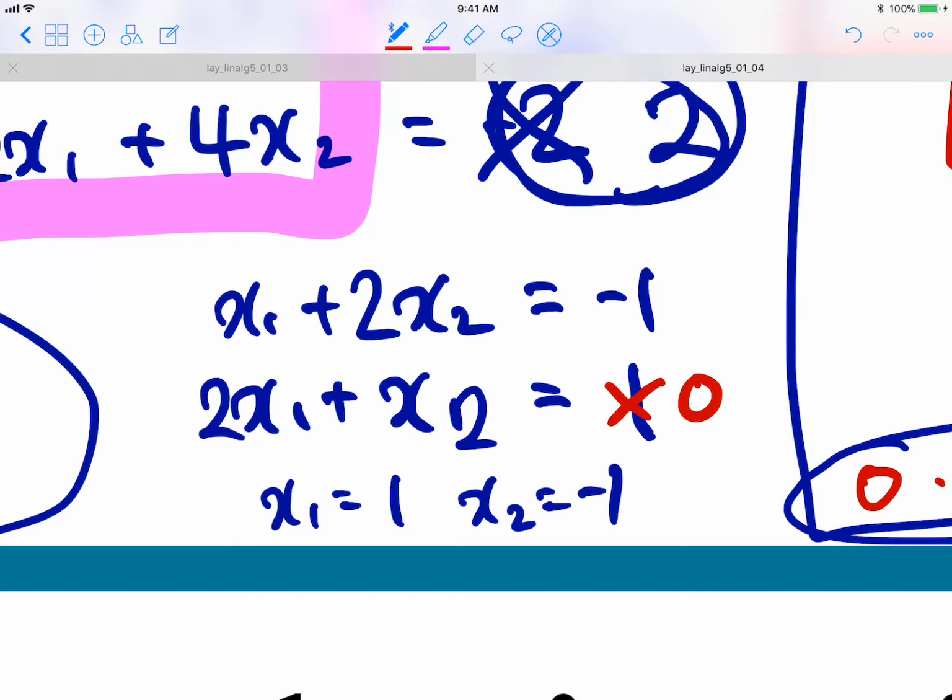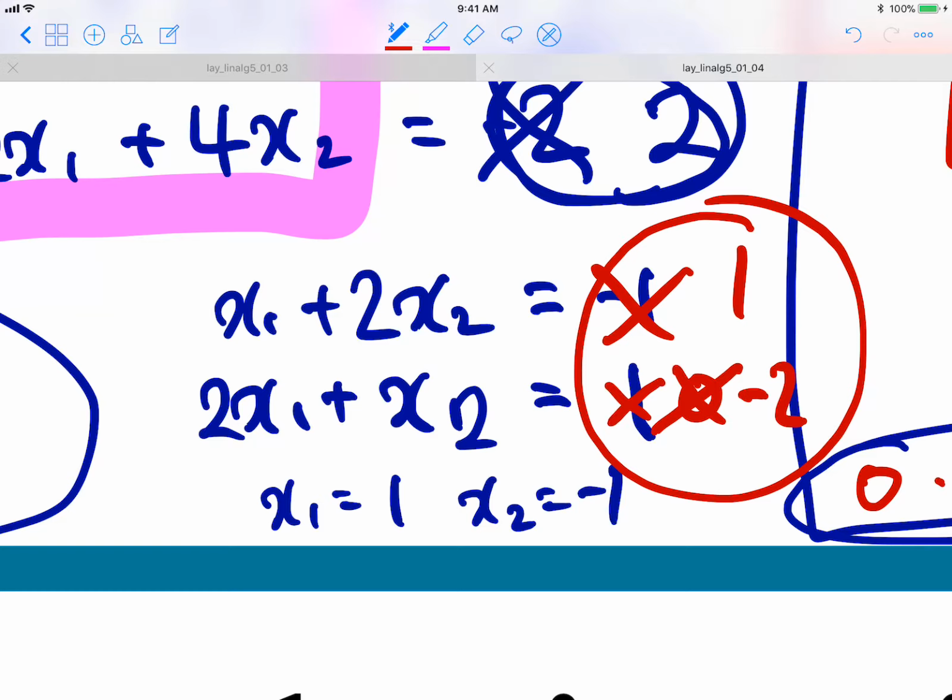Do we have a solution? We do, right? And then what about -2 and 1? Yes, right? So in this case, regardless of what values we are given on the right-hand side, we can see that the solution always exists, right?